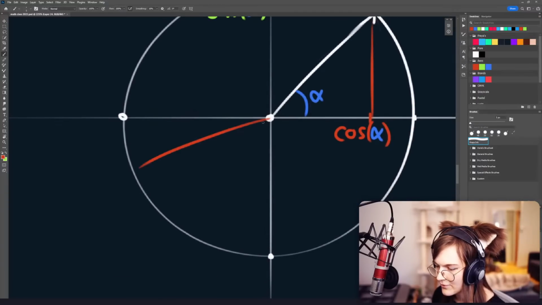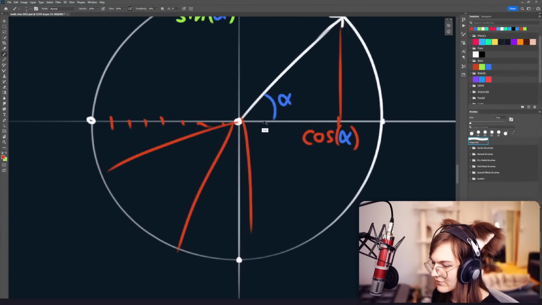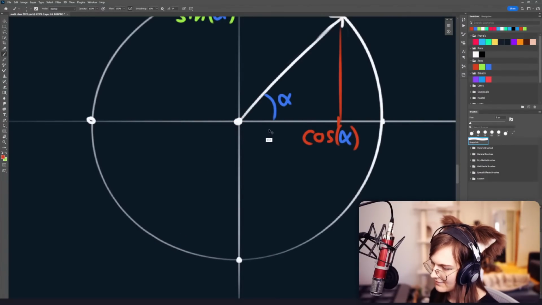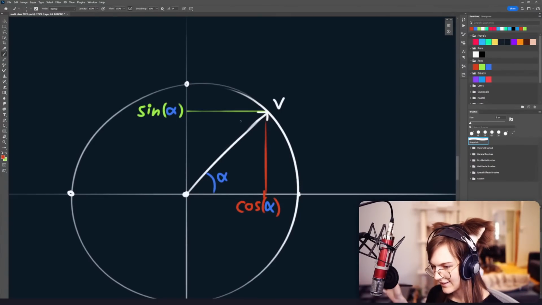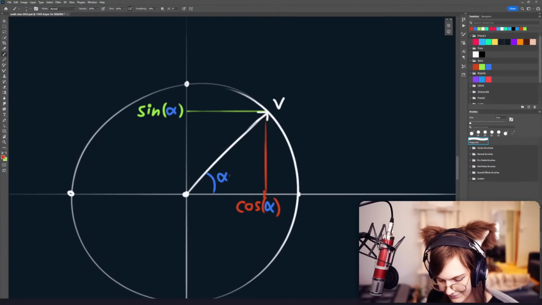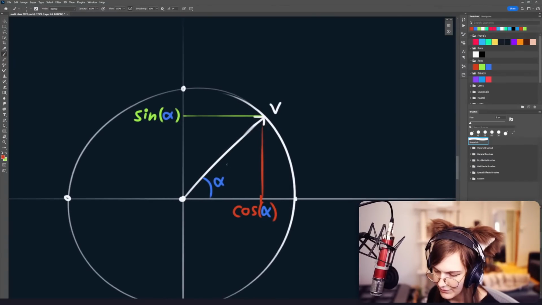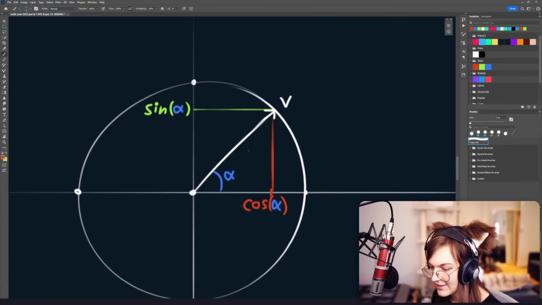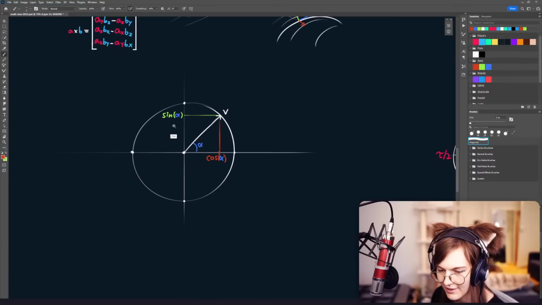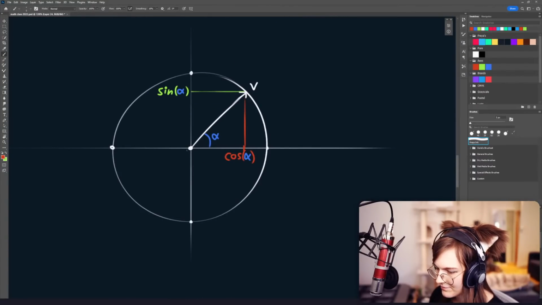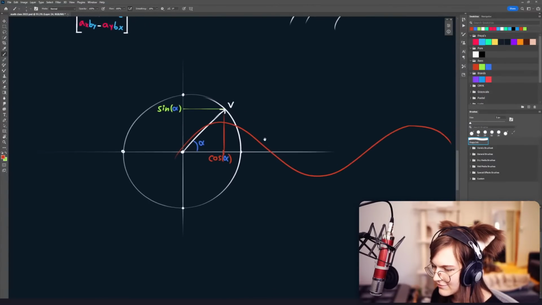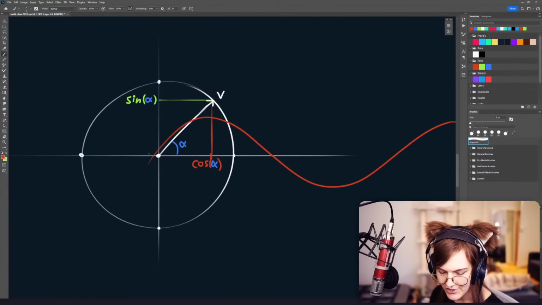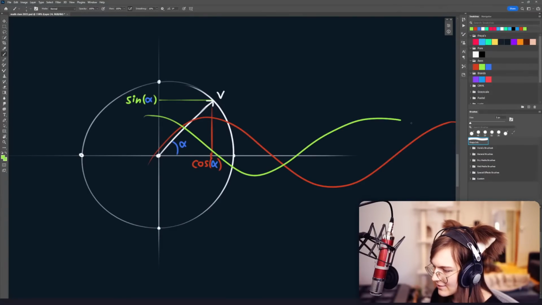But then as you come around to this side, the cosine is going to increase again, because now the x-coordinate is moving to the right. This is effectively how the cosine and sine functions are defined. When you look at them in a graph, generally it would look something like this. This would be the cosine function, and the sine function looks exactly the same. It just has a bit of a phase offset.